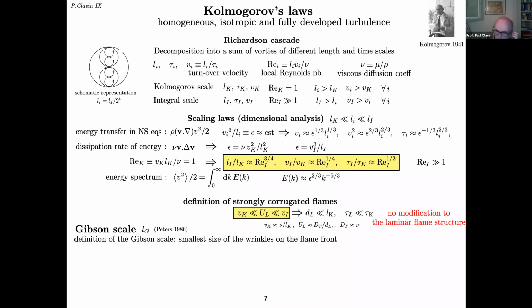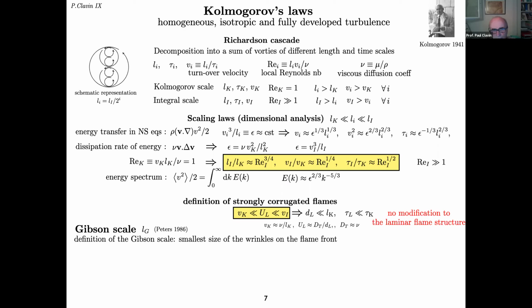There is a very interesting comment by Gibson, who was a professor at UCSD some time ago, and used by Norbert Peters, which is what is called the Gibson scale, which is the smallest size of the wrinkle of the flame front.